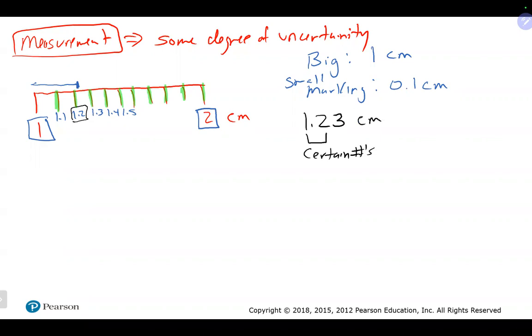Somebody else may think it's closer to half, so maybe they record a 5 or something like that. What I just recorded is sometimes referred to as the first uncertain number, or the estimated digit.